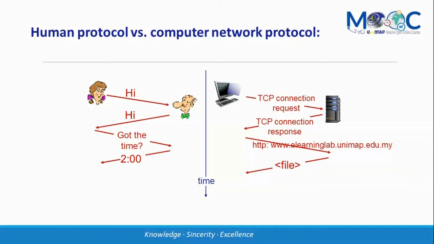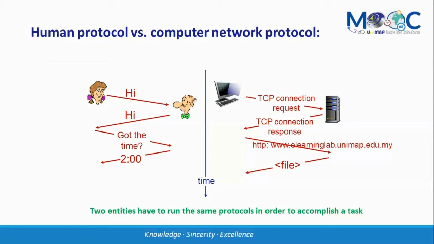A network protocol is similar to the concept of human protocol, except that the entities that exchange the messages are machines such as computers, smartphones, tablets, or routers. In order to establish a connection, the sender has to request a TCP connection from the server and wait for the response.